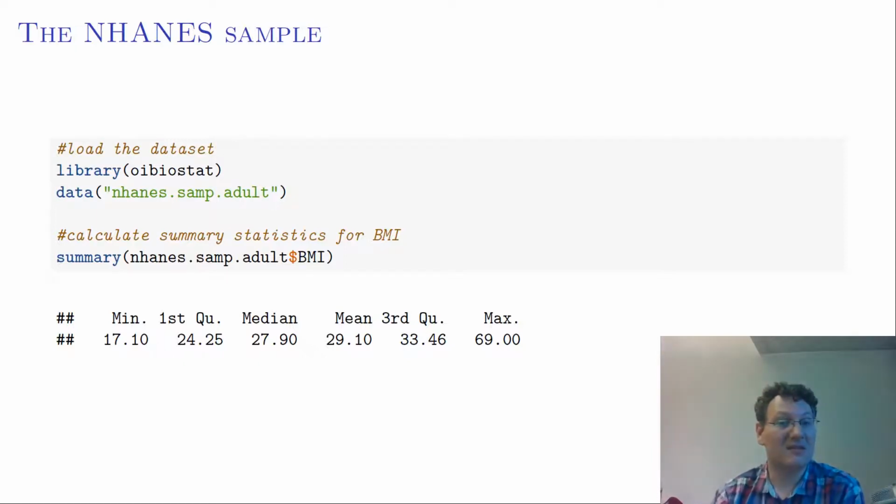This would be like the population mean. If we're treating this data set as our mini population, shrinking the United States down to 10,000 individuals, this is going to be our population mean, 29.10.